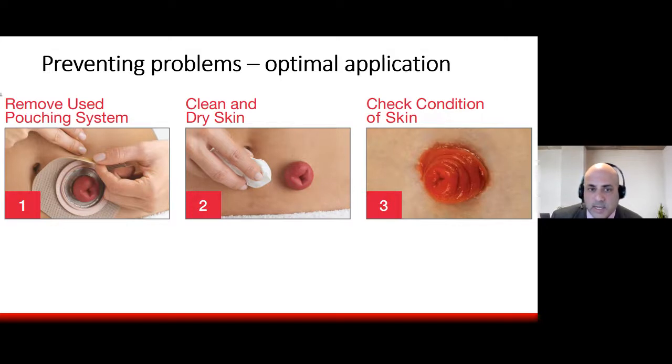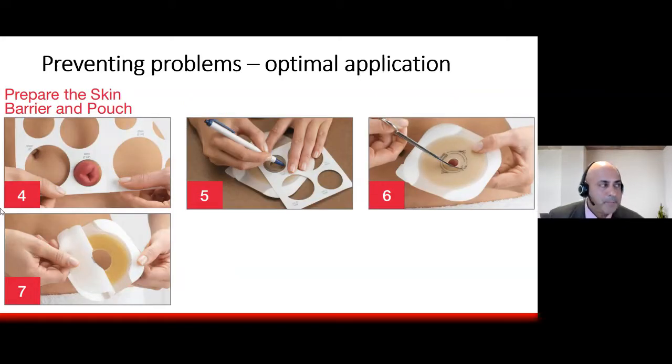Check the condition of the skin. If you see any skin breakdown, note that and take some action about that. Once you have removed the barrier, if you need to remeasure your ostomy, it's always best to change the ostomy system when one is sitting or standing and not lying down. The reason why is, if one's lying down, we don't really see the abdomen very well.